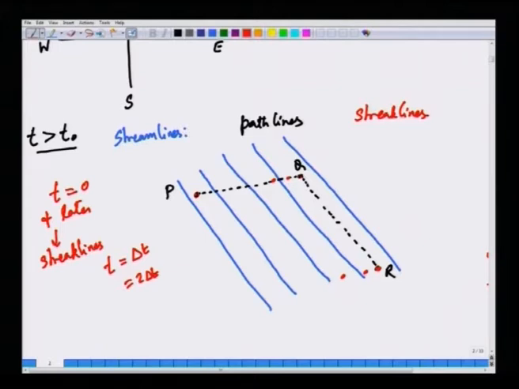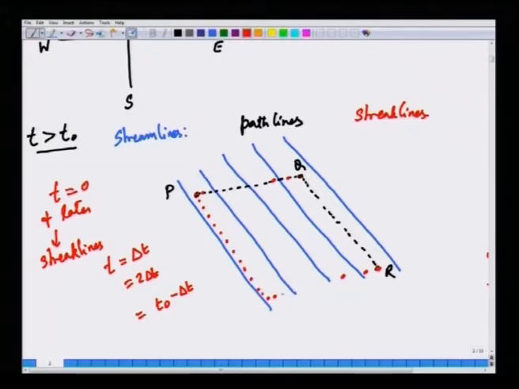A particle that was introduced just before t equals t naught would have moved only slightly here, and then it would move here. The particles that were introduced at t greater than t naught will all move in this direction.